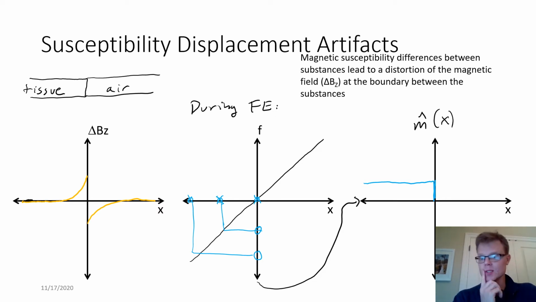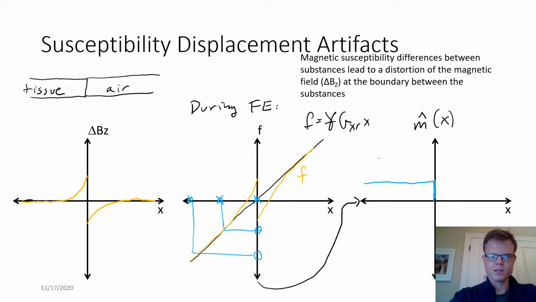But what happens with this distortion of the magnetic field at the boundary is that this basically is added on to that. So normally we'd have frequency is gamma bar GX times X, but what we're going to have instead is this additional offset to this relationship.